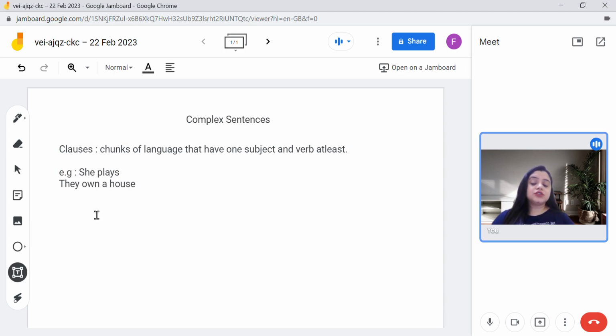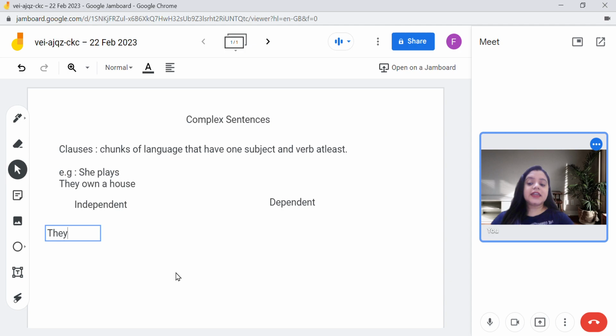But when it comes to what kinds of clauses we have, it's time to divide them into two parts: independent clauses and dependent clauses. Independent clauses can stand alone, meaning they do not require further explanation.